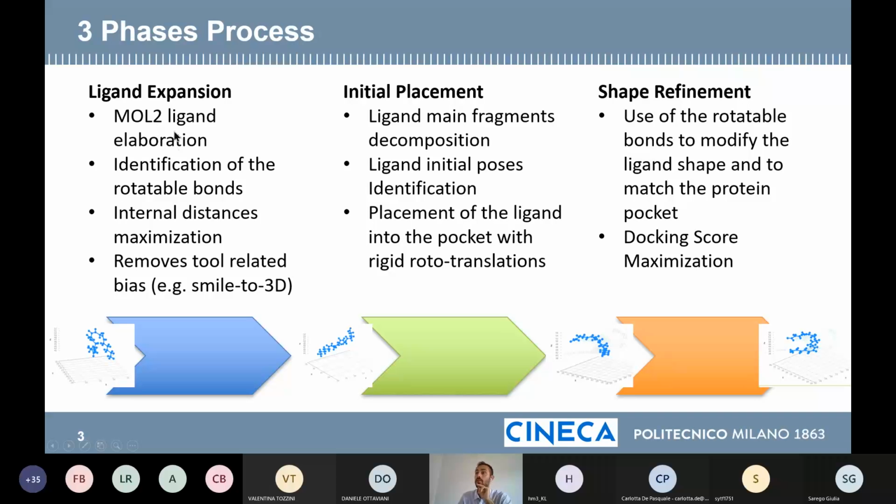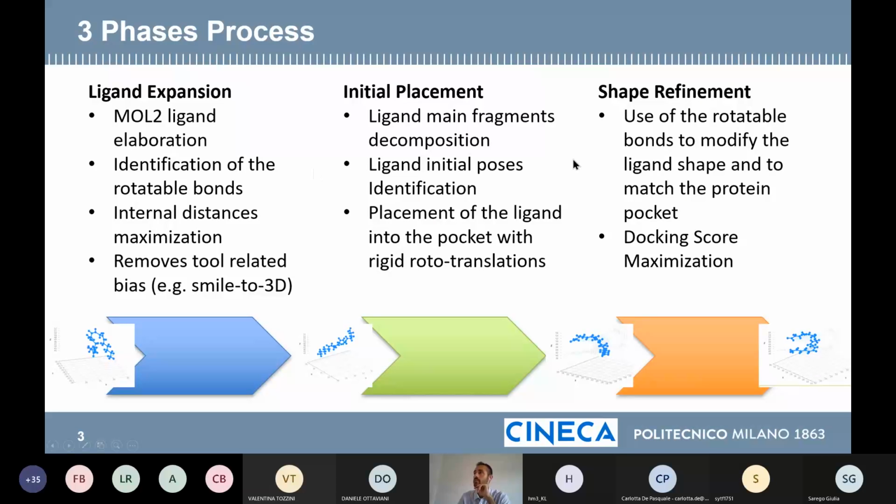And then what you do is analyze this file, and you have some steps. So first of all, you identify which are the rotatable bonds of your molecule, of your ligand, and then you want to maximize the internal distances. You want to rotate the bonds in order to maximize the molecular volume.